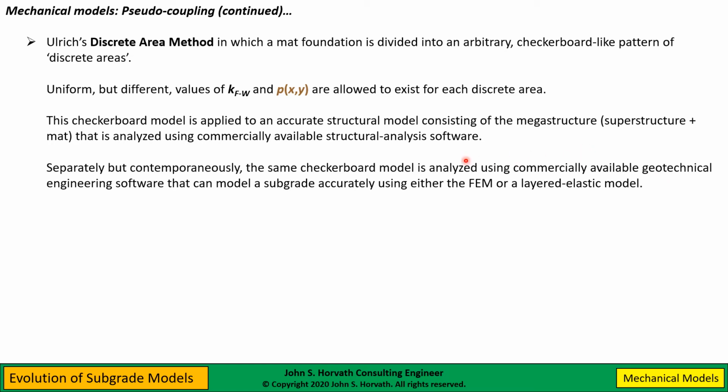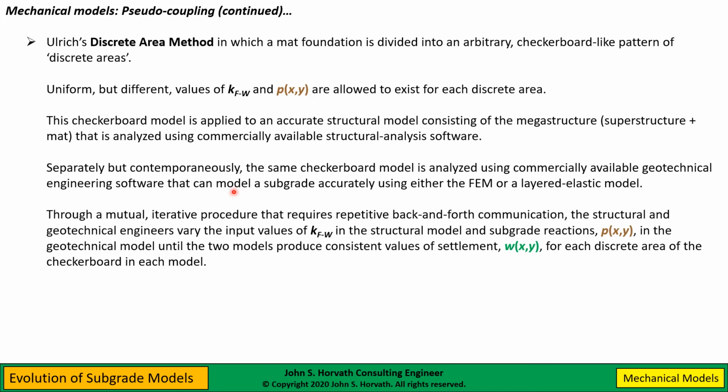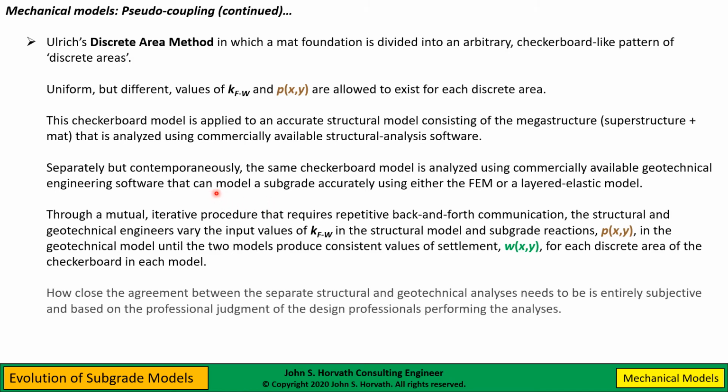Each of them uses the same checkerboard in their separate analytical models, and they each vary the subgrade reactions and the spring values until the results of their analyses match, the settlements match, or at least match within their satisfaction. And that's obviously quite subjective.